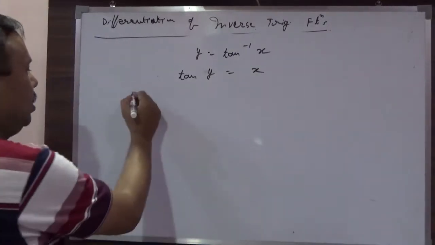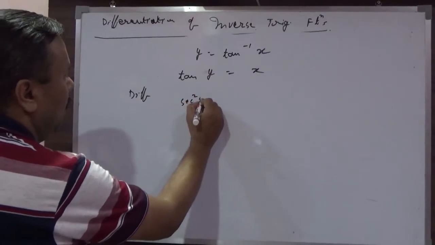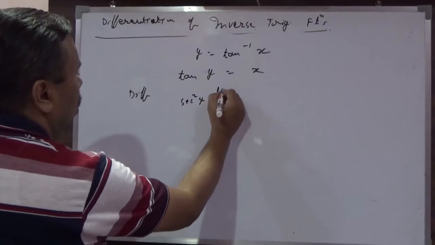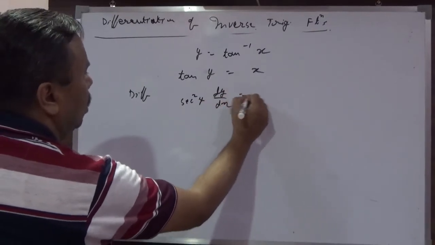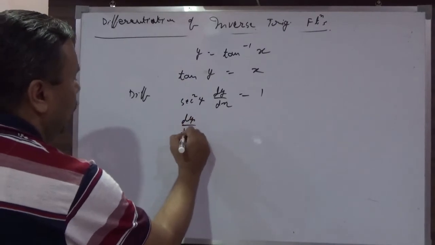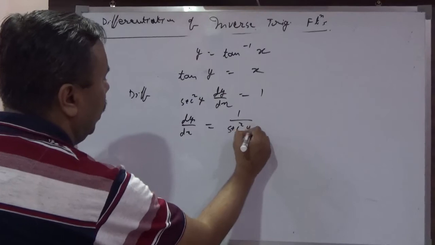Now I will differentiate, and this will become sec square y dy by dx equal to 1, or dy by dx is equal to 1 by sec square y.